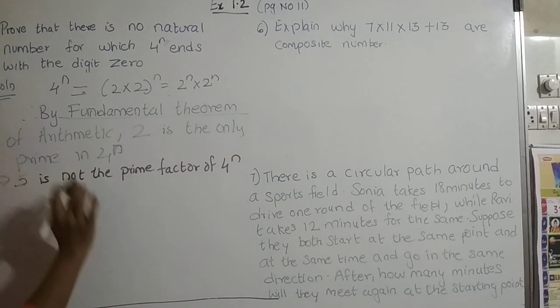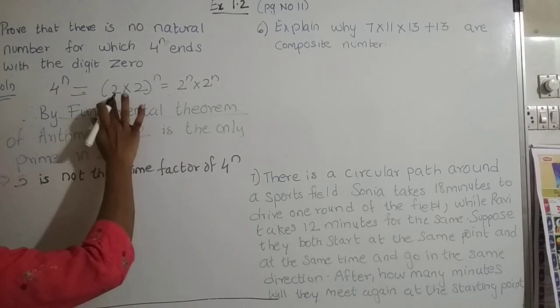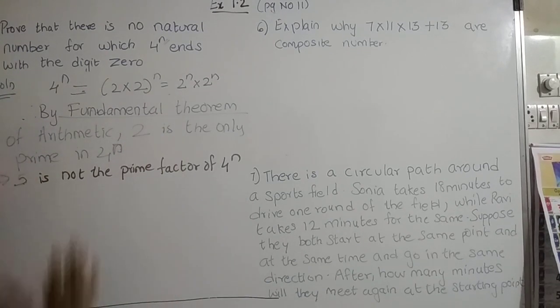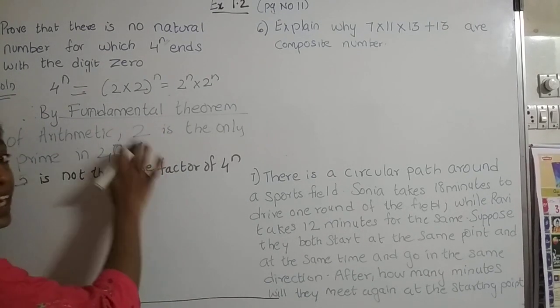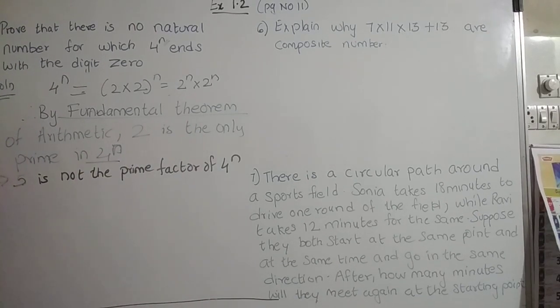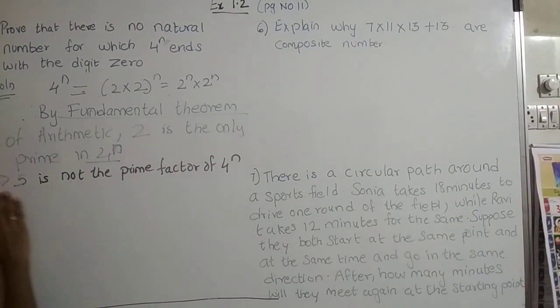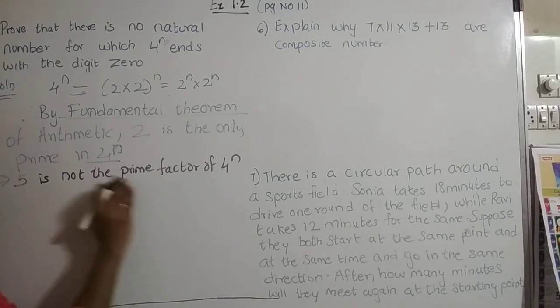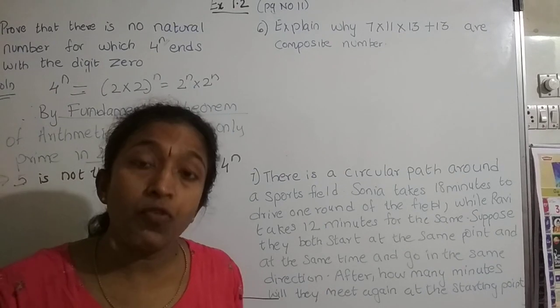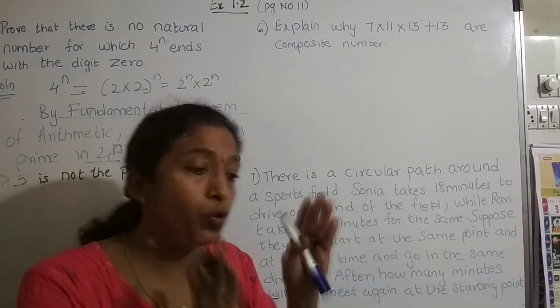I hope I have made the steps clear. First I wrote 4 raised to n is (2 into 2) the whole raised to n. I have prime factorized this, so I got 2 raised to n, 2 raised to n. So by the fundamental theorem of arithmetic, it guarantees that 2 is the only prime in 4 raised to n. We cannot have any other prime. So this implies 5 is not the prime factor. Why am I writing that 5 is not the prime factor? Because for any number to end with 0, it must have 2 and 5.